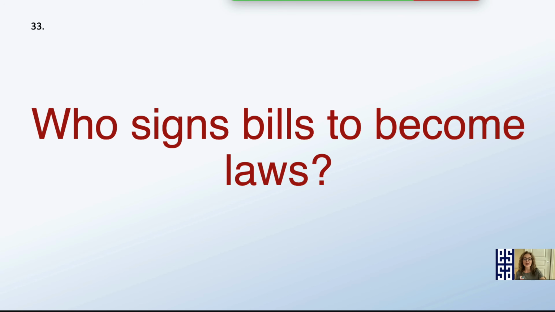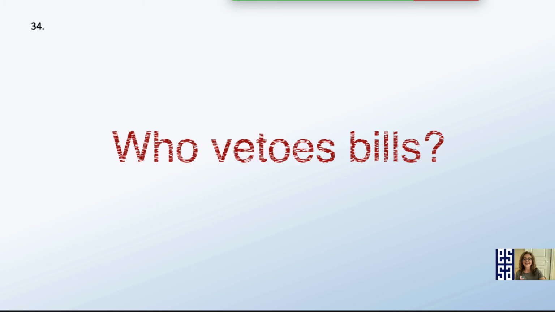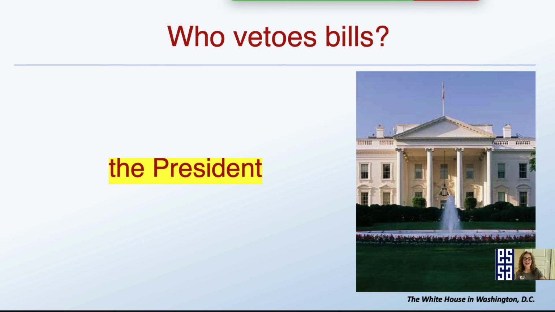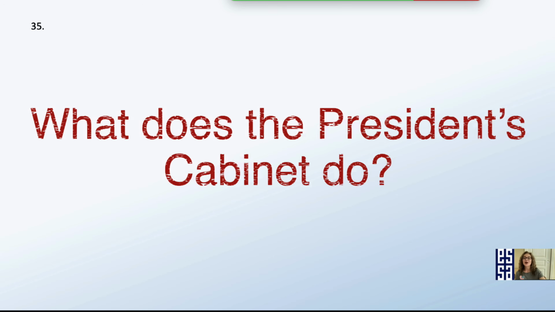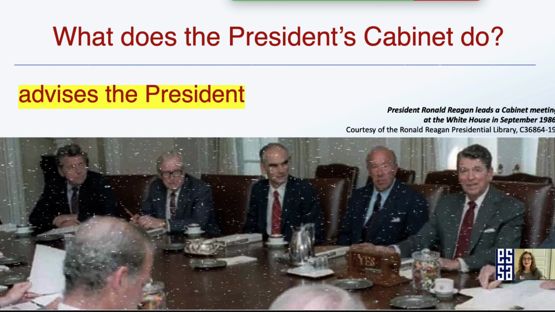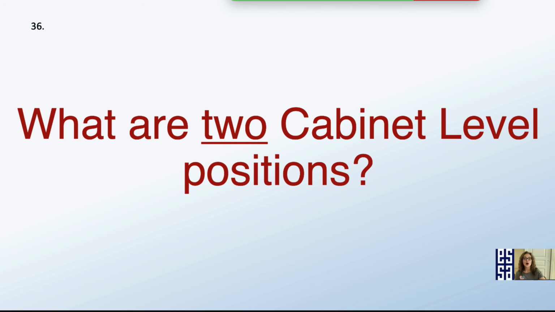Who signs bills to become laws? The President. Who vetoes bills? The President. What does the President's cabinet do? It advises the President.